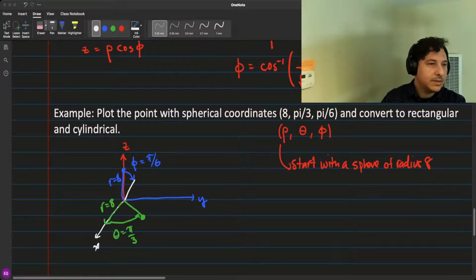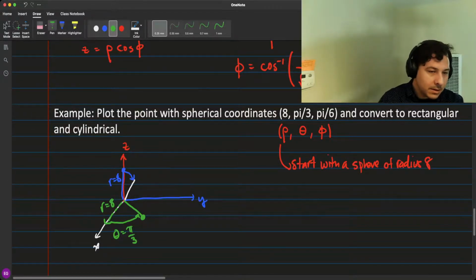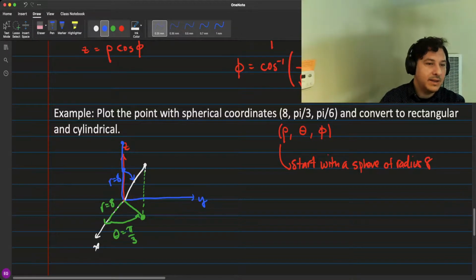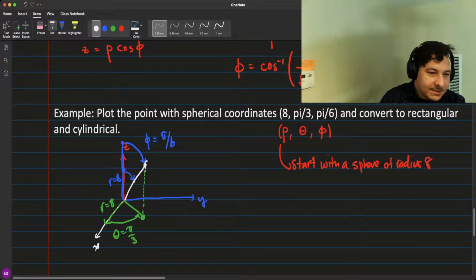They're not lining up. So let me redraw this. There we go. It's going to look like this. Okay, so that has a radius of 8, and we're rotating it phi equals pi over 6. This is my point right here.